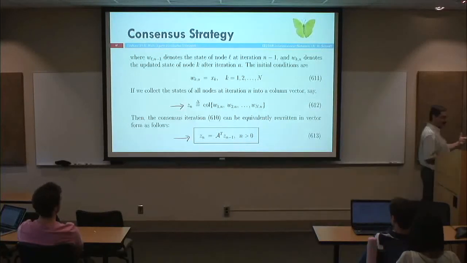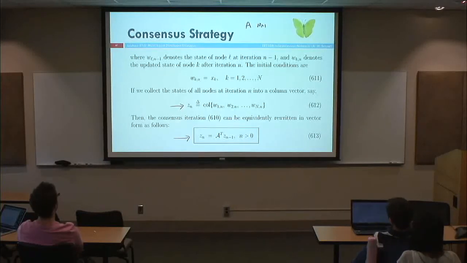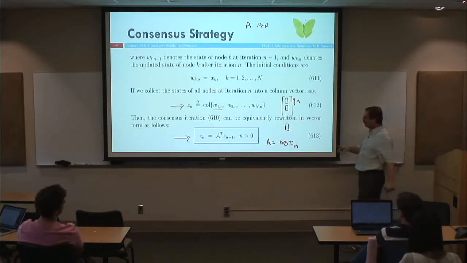It's the combination matrix. But remember, the combination matrix is n by n. But this z, each one of these w's, is a block vector. You have n of them, and each one of them is of size m. So that's why the A that appears here is not the original A, but the extended A. This calligraphic A is the original A, Kronecker product I, M. That's all. This is just simple algebra for you to check.